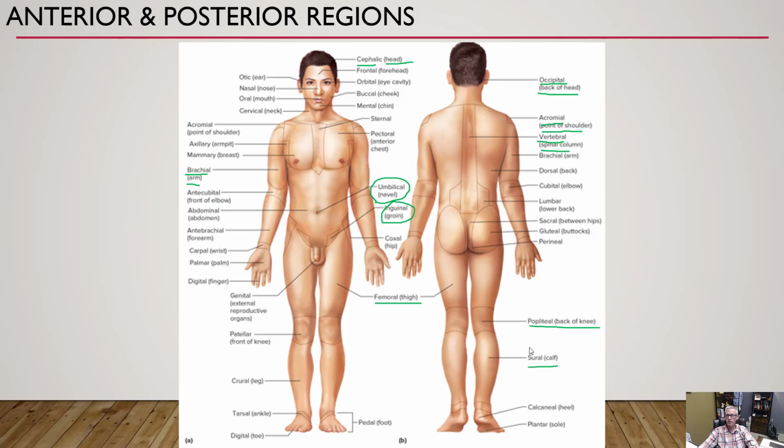Once you get out into the medical field, if that's where you're going, kinesiology, sports medicine, nursing, and you do your charting, you will be charting in medical terminology, so learn these.